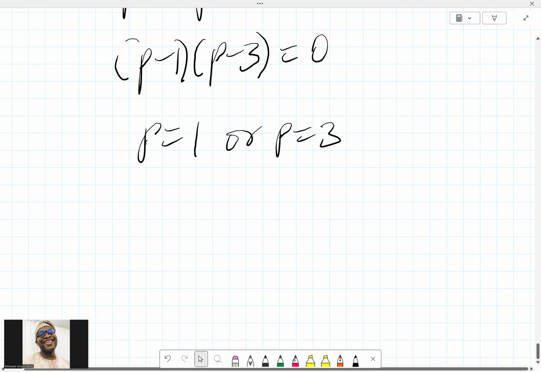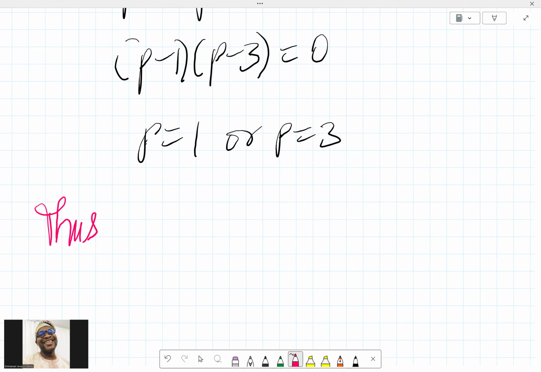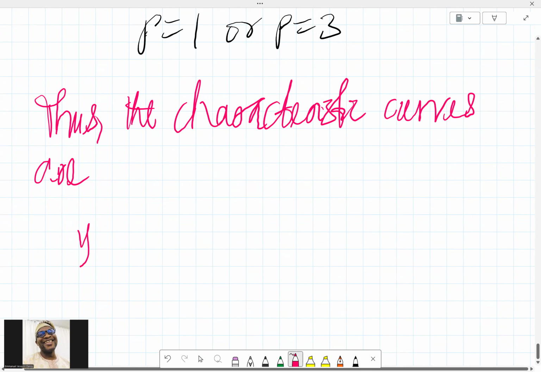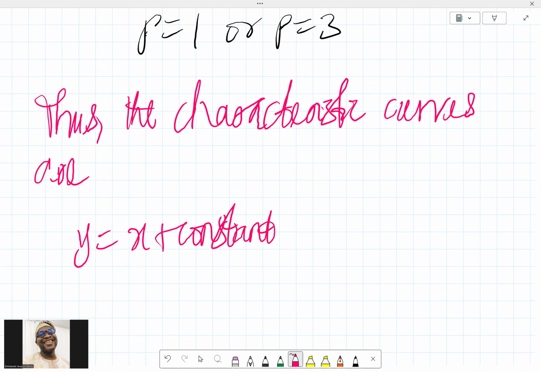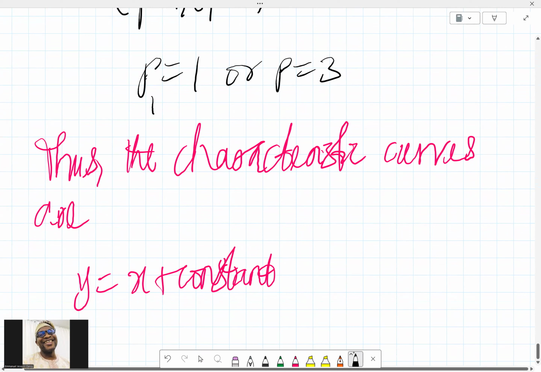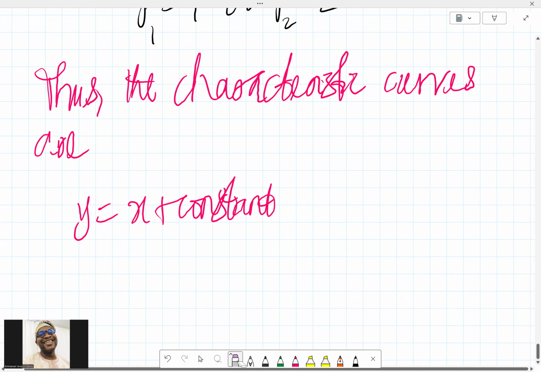Thus, the characteristic curves, that's what we've been looking for. The characteristic curves are, for y, y equals x plus a constant. Let's call this P1 and this P2, so I can follow logically and you can see why this is happening.